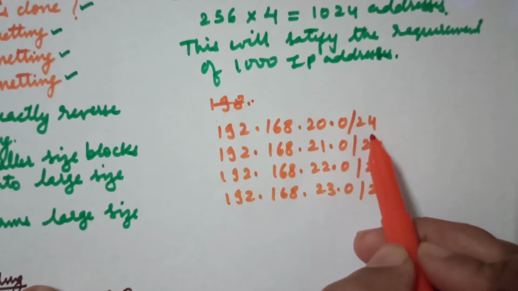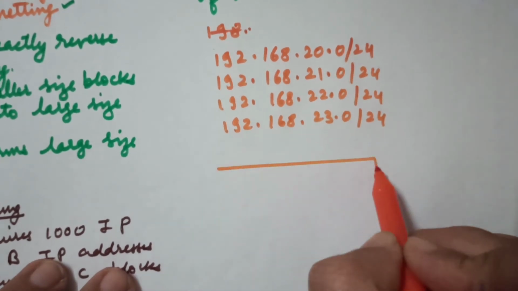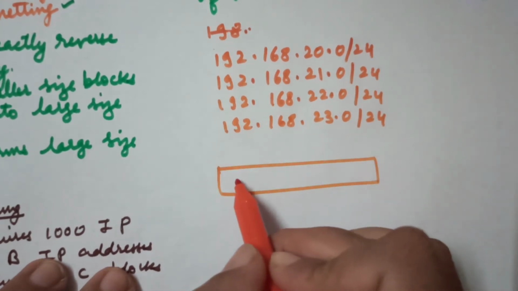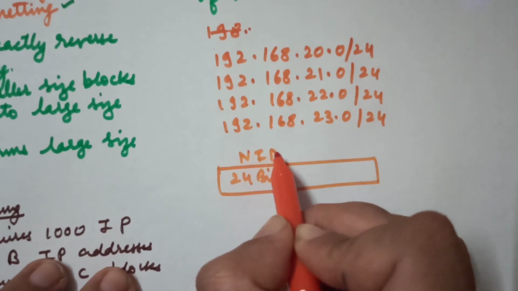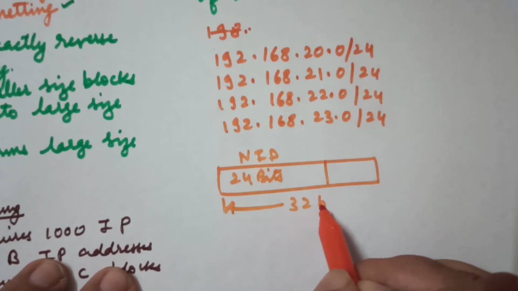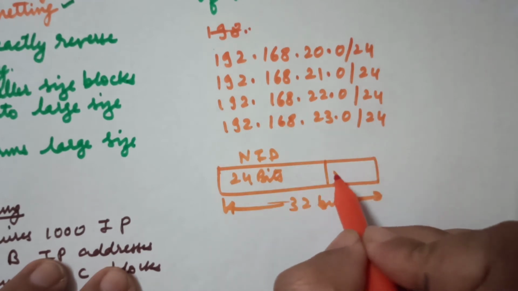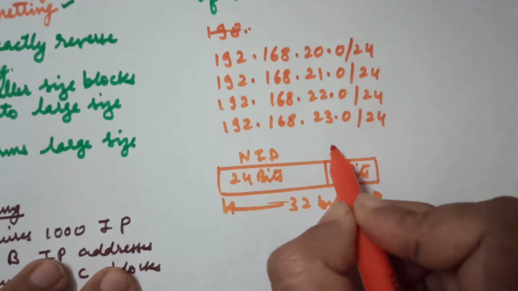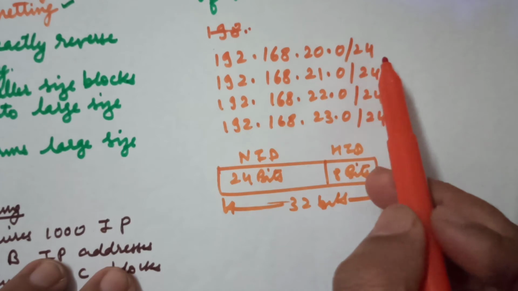In Class C there are 24 bits in the network ID part and remaining 8 bits out of the total 32 bits are there in the host ID part. So the slash notation becomes /24.